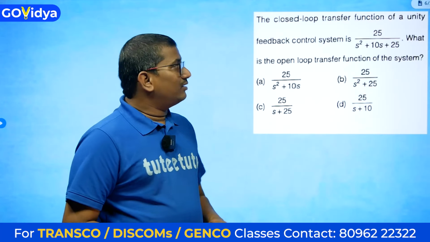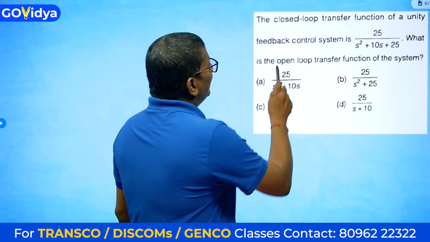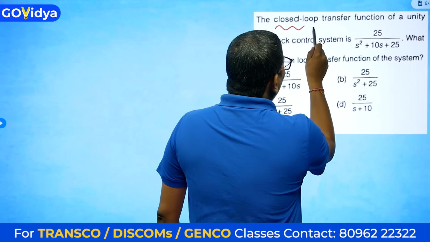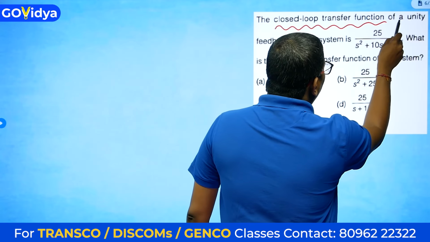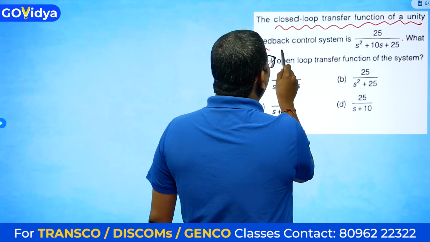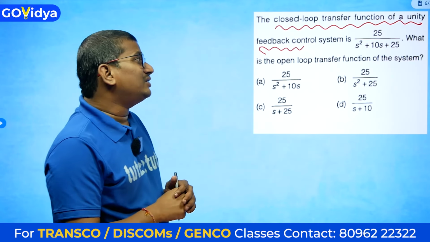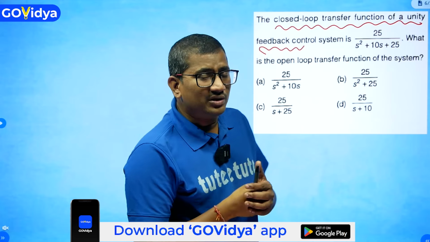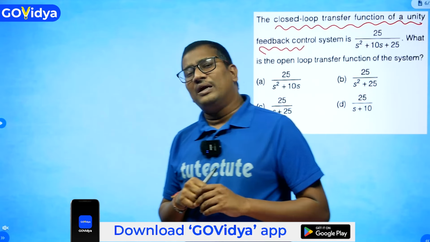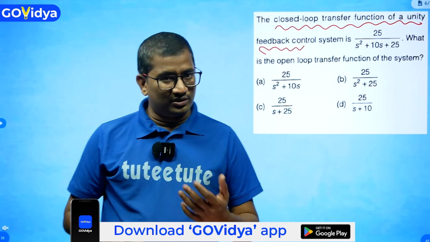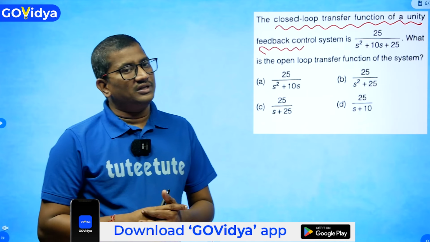Now if you see in this question, they have given the closed loop transfer function of a unity feedback. So did they mention anything related to negative or positive? No. So if they have not mentioned whether it is negative feedback or positive feedback, what we need to consider all the time?